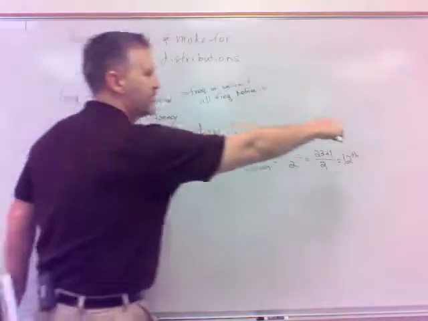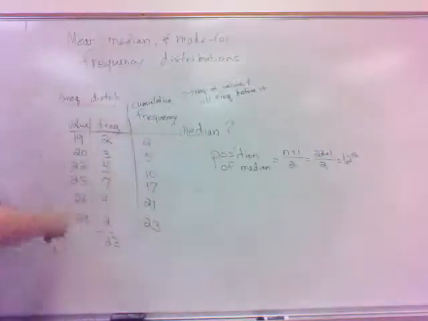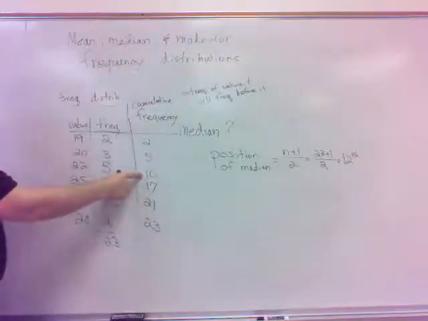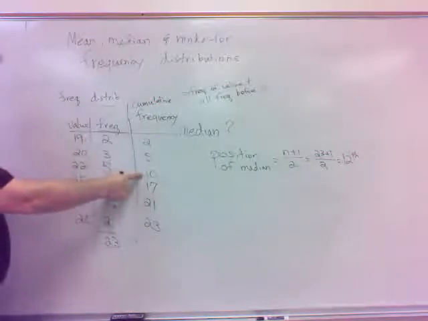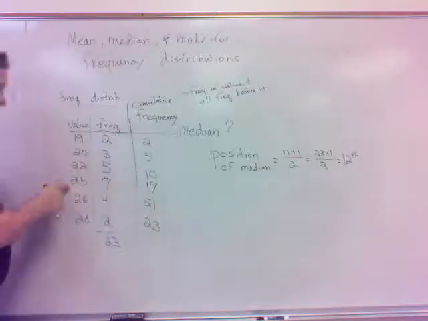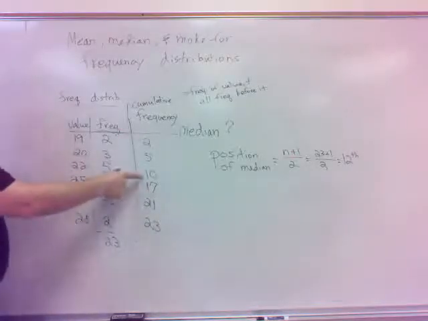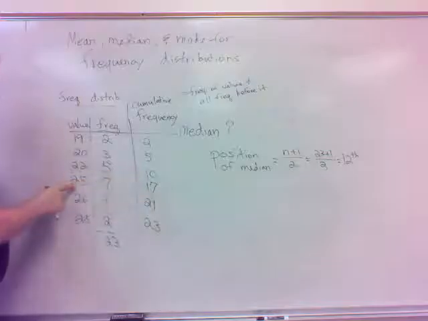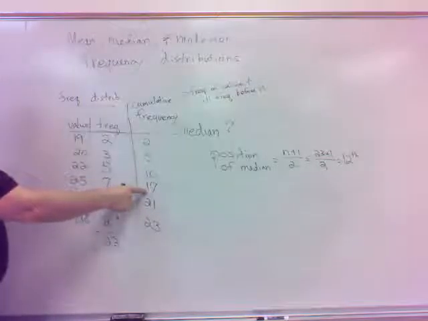Now, I'm looking for the one that's in the 12th. Which of these values is in the 12th slot? Well, it can't be 22 because the last 22 is in the 10th slot. Which one is in the 12th slot? It'd be 25, wouldn't it? Because the first 25 would be in the 11th slot, and then the last 25 would be in the 17th slot.